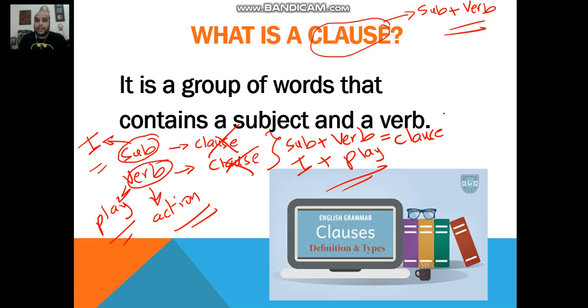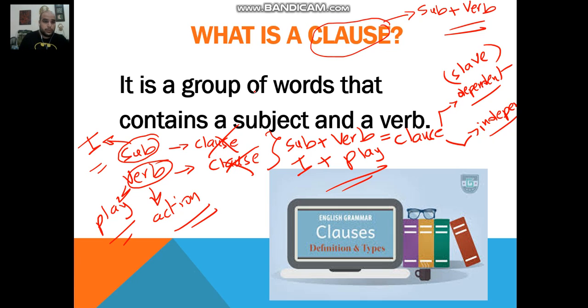In English, we have two types of clauses. We have the dependent clause and the independent clause. I like to call the dependent clause the slave clause because, as we have said, it's a slave of another clause, of another sentence, to be understood.